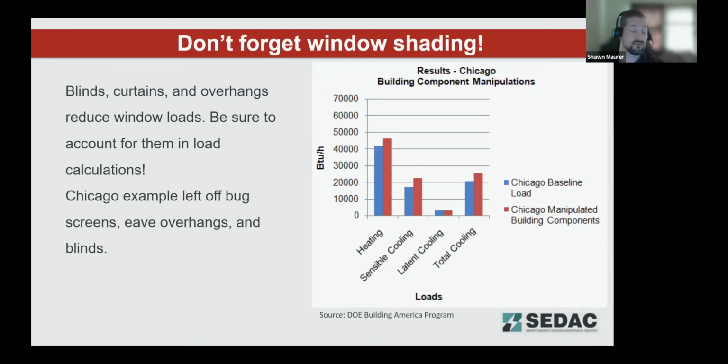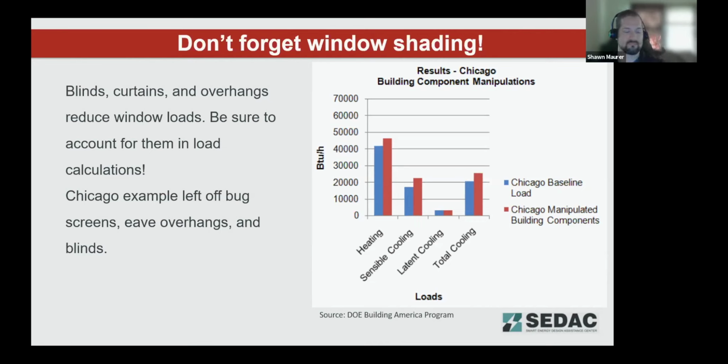And as I noted earlier in the program, when entering window information, even minor things can have an impact on the window cooling loads coming into the building. So here again were the same models for the Chicago area, but what they did was they left off some of the window treatments. In this particular case, they didn't account for the bug screens, and they left off the overhangs for the roof eaves. Most buildings have some amount of overhang of the roof over windows.